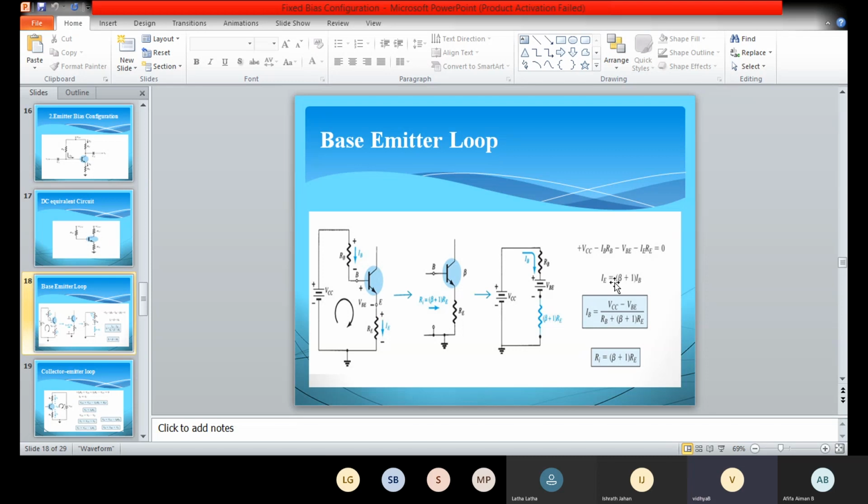Next, always remember the current in the emitter is equal to the current in the base plus the current in the collector. That is, IE is equal to IC plus IB. But what about IC?